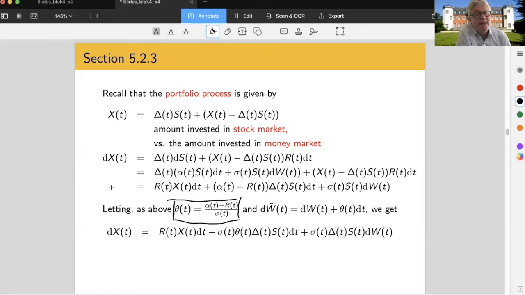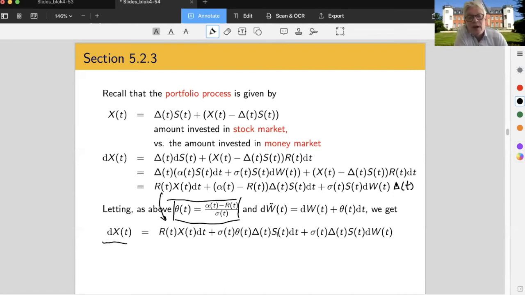And then we write dX_t: the first term is just copied, r_t X_t dt. And here for this we use sigma_t Theta_t times Delta_t S_t dt. And the remaining part, with Delta_t here, is sigma_t Delta_t S_t dW_t.